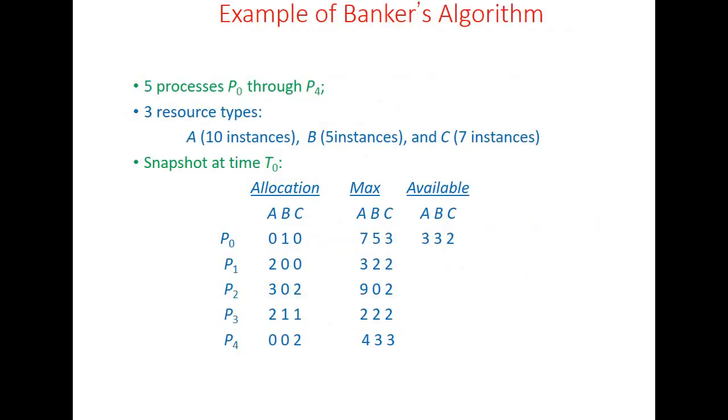Consider an example: 5 processes, P0 to P4, and 3 resources A, B, C. These resources are available in multiple instances. A is available in 10 instances, B in 5 copies, C in 7 copies. So totally 10, 5 and 7 instances of A, B, C are available respectively.